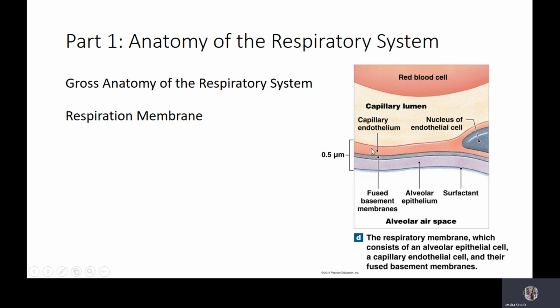This is going to be the epithelial cells that are forming the wall of the capillary. And both of these cells are very thin. They're going to be simple squamous epithelium. And so the gases can diffuse through fairly easily across this membrane.